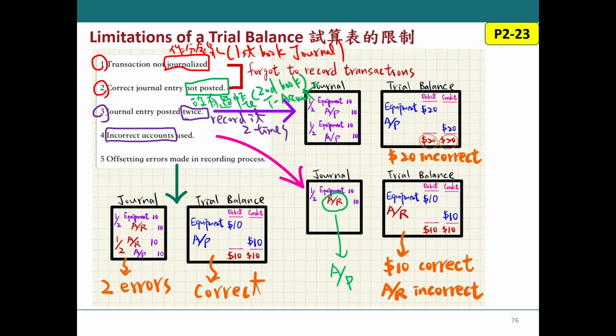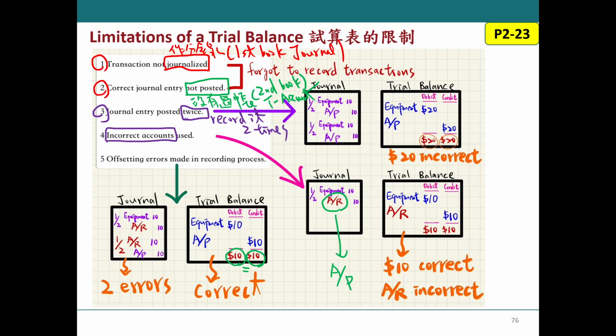Okay? So here I just want to tell you, even though you got total debit equal to total credit, it doesn't mean it's correct. The numbers may be correct, but you find out one error offset another error. So accidentally you got it correct.